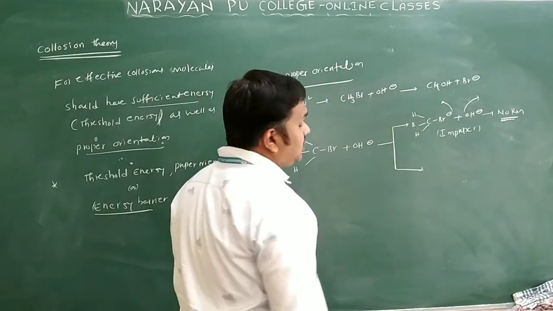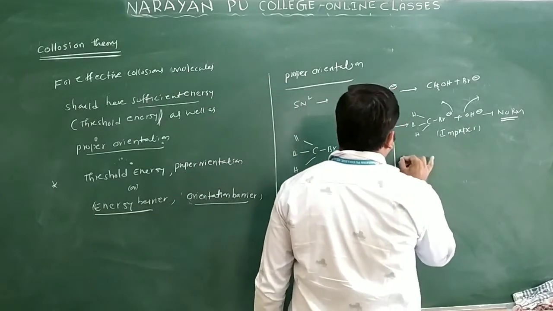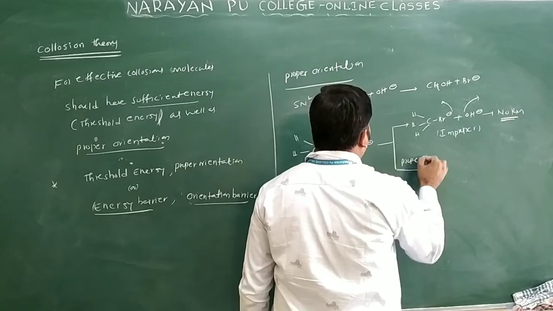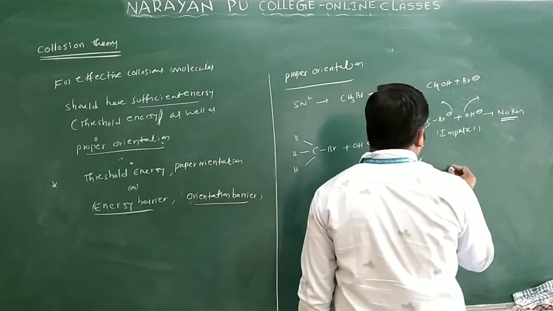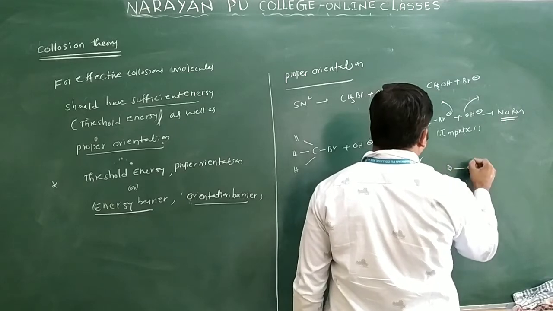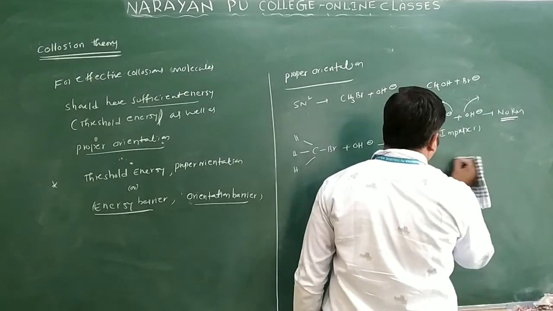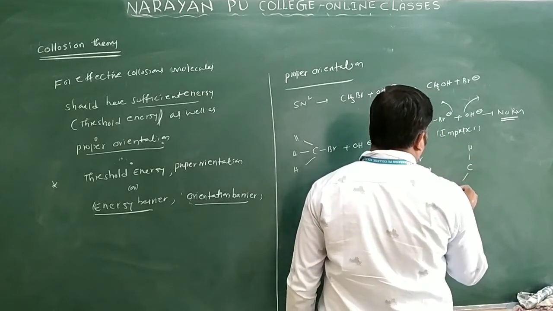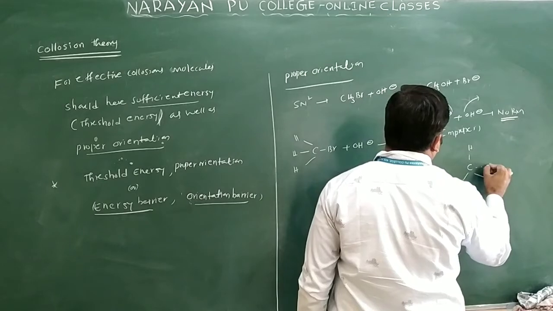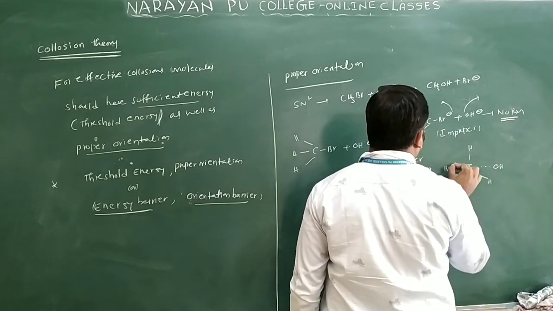Suppose the molecule undergoes proper orientation. Then a transition state is formed here. Here C, with H, H and H, and here OH minus and here Br minus.